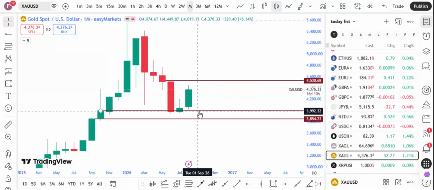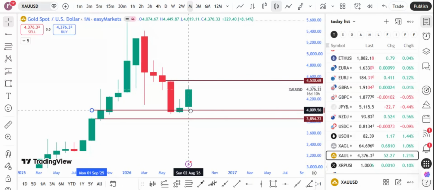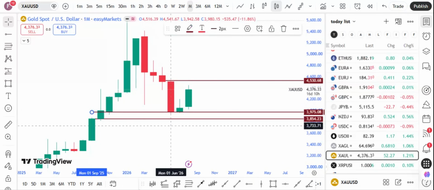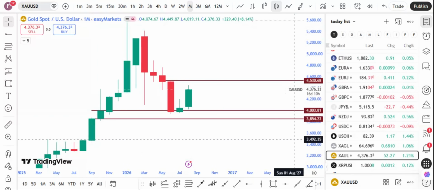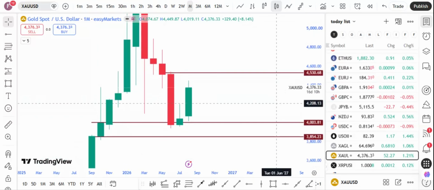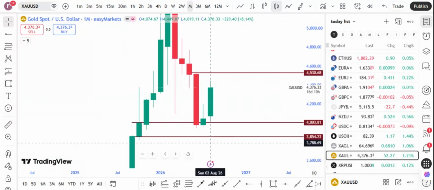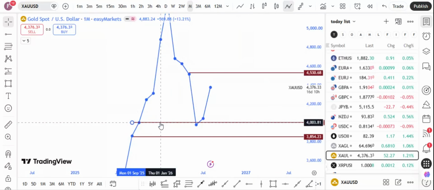What am I looking for? I'm waiting for a rejection at that place. This is Easy Market, and their chart doesn't look very neat. Let me put it back here and place it well.